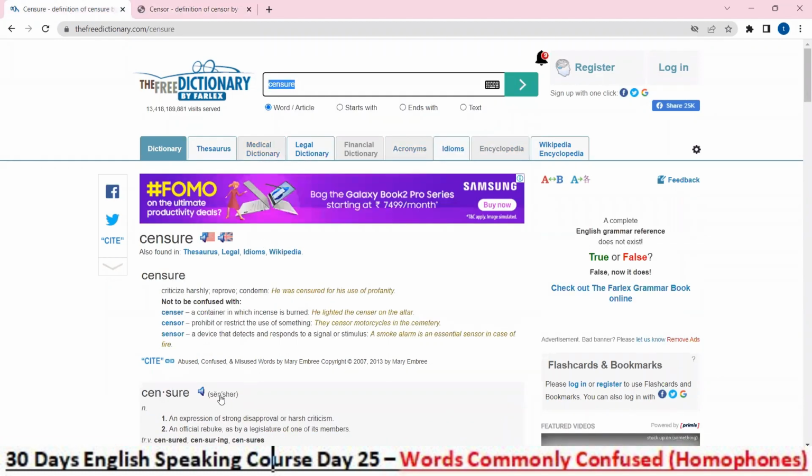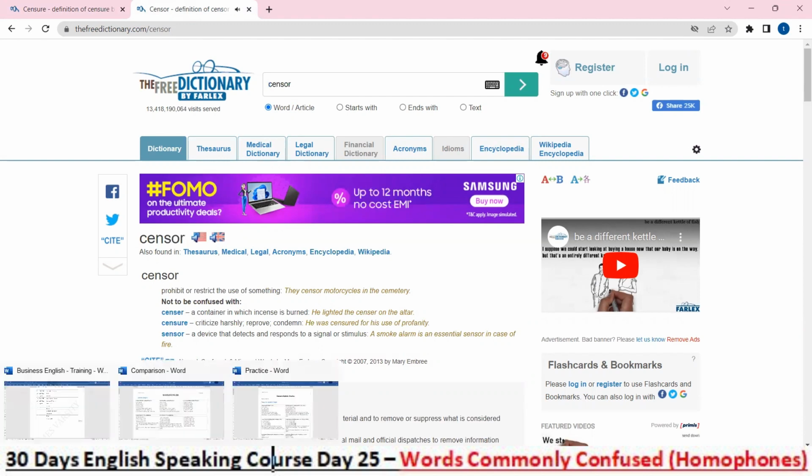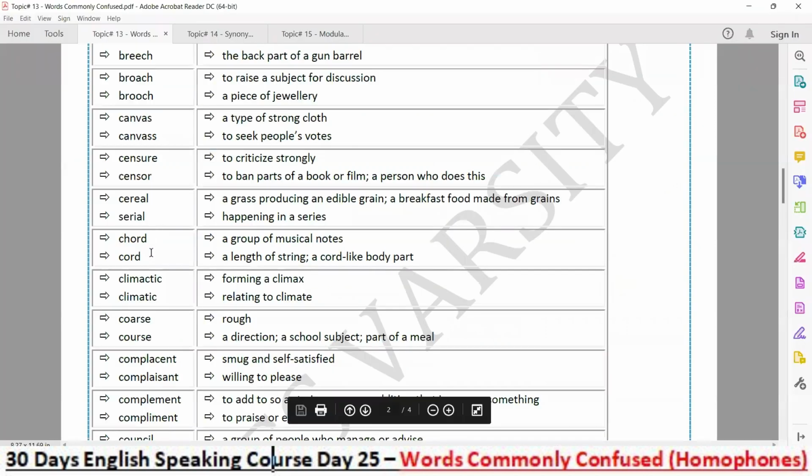So for this, it is censure, right? And this one is censor. So look at the meaning. The first one is censure, meaning to criticize strongly. Censor, to ban parts of a book or film, or a person who does this. All right.